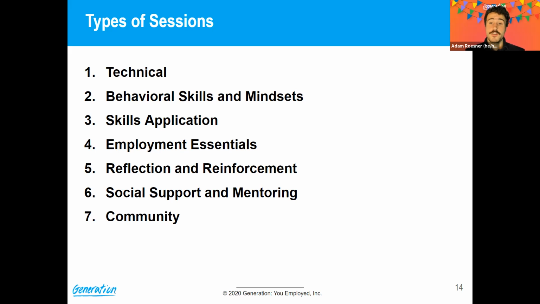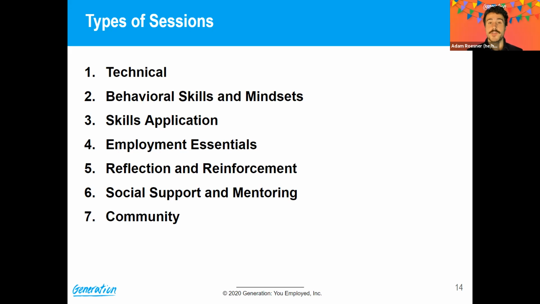Then we have reflection and reinforcement sessions. These are for your personal reflection and reinforcement over how you're doing, what your progress has been like, strengths and weaknesses that you have. We have social support and mentoring. These are for you and your peers to talk sort of laterally to one another, and occasionally for you to talk to your TAs and look for some mentoring support there.